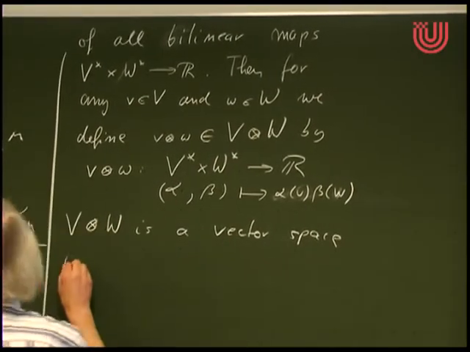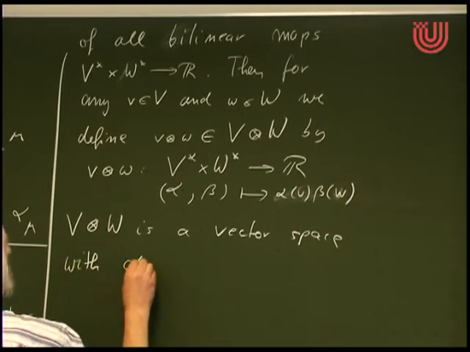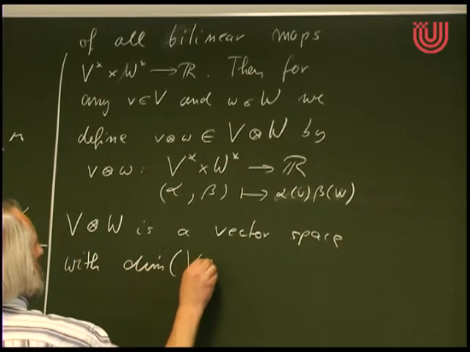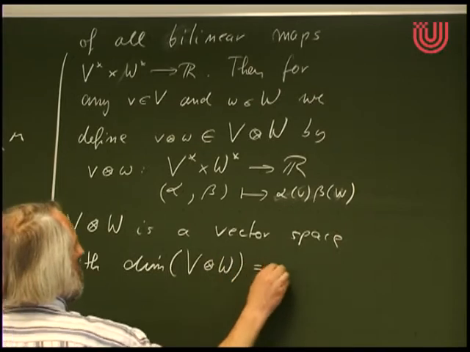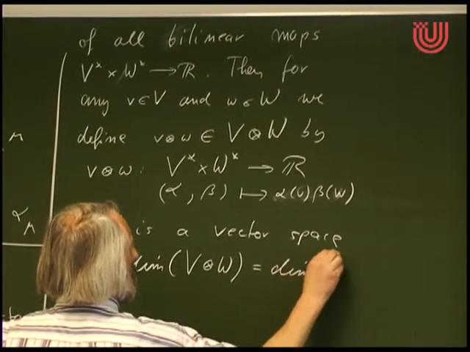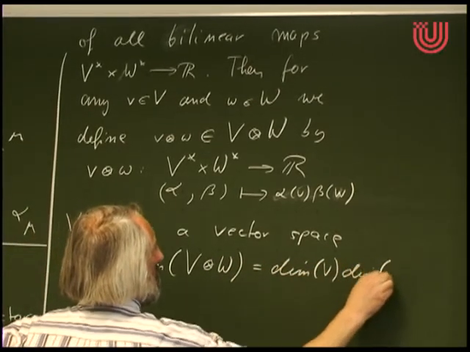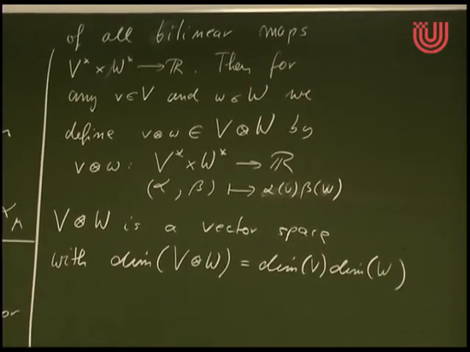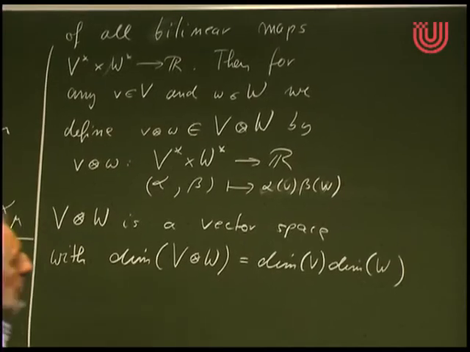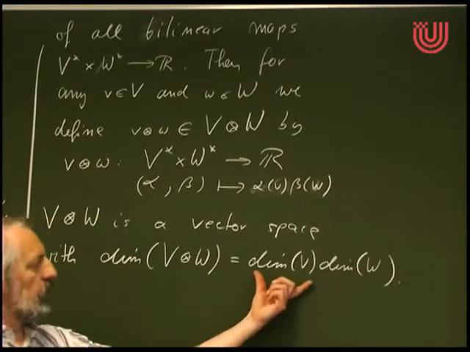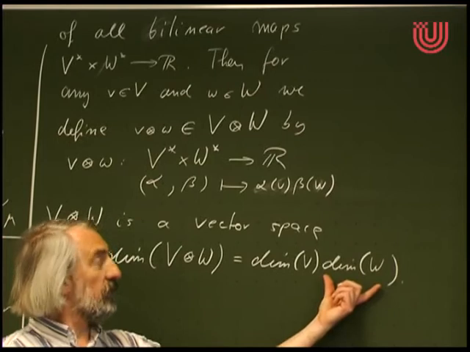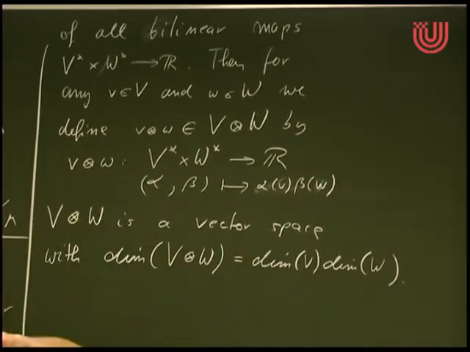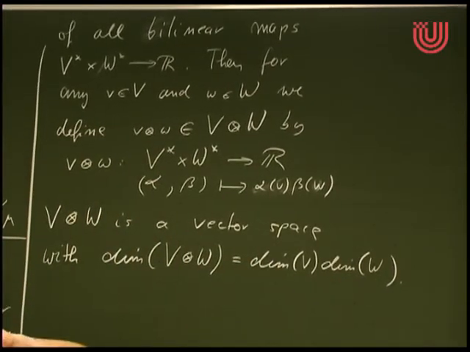It's a vector space. So what you find is that the dimension is the product of the dimensions of V and W. And the way in which you prove it is that you choose a basis for V and you choose a basis for W, and then you prove that the tensor product of these two bases is a basis for the bigger space.